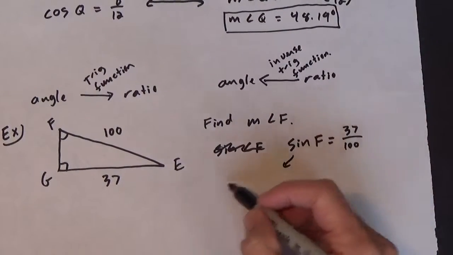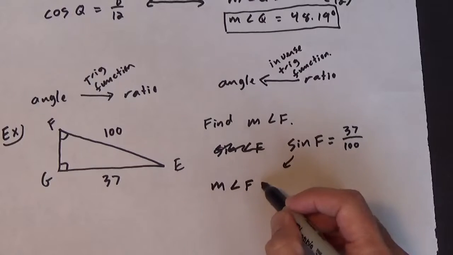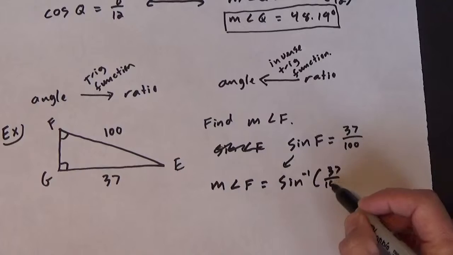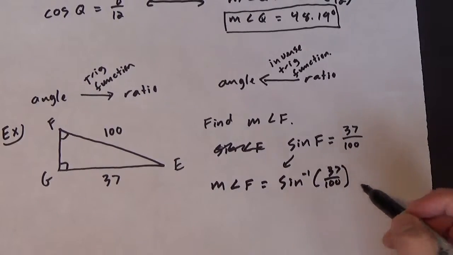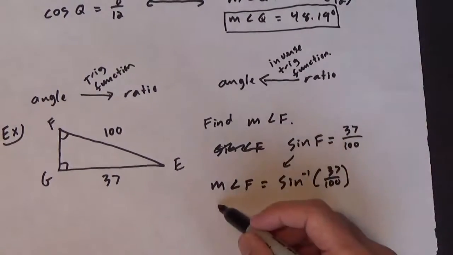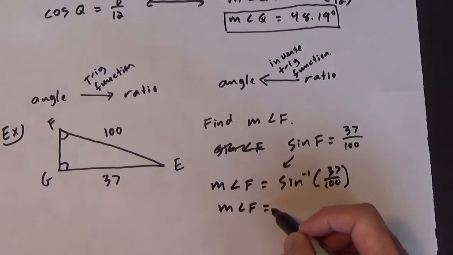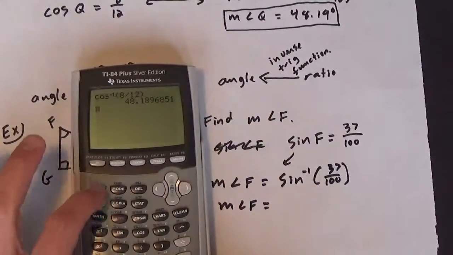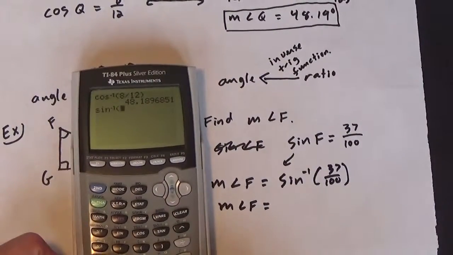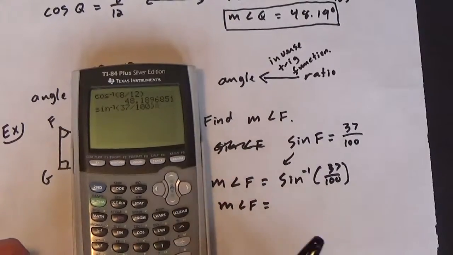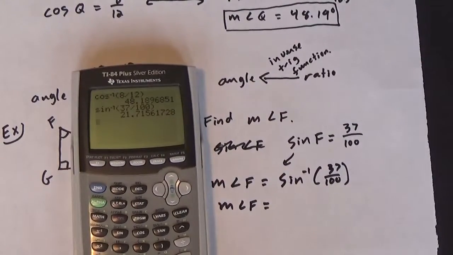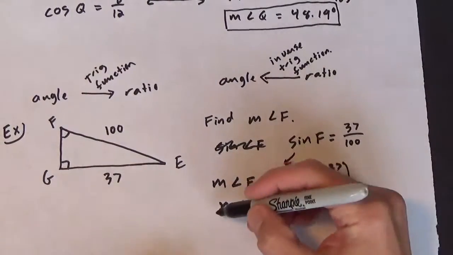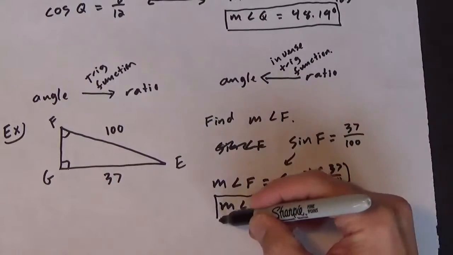So the measure of angle F is the inverse sine of 37 over 100. Then we take out our calculator, and the inverse sine of 37 divided by 100 is 21.72 degrees. And there's our answer.